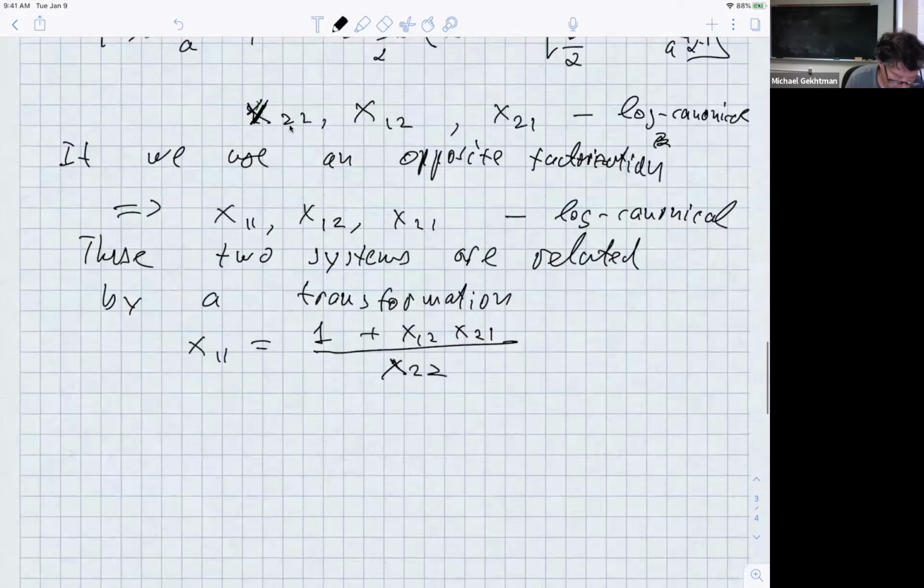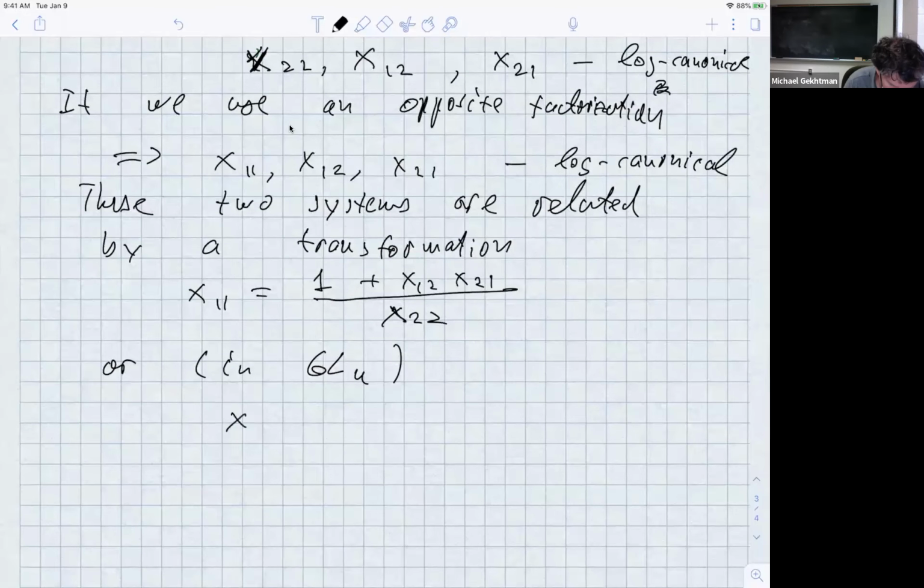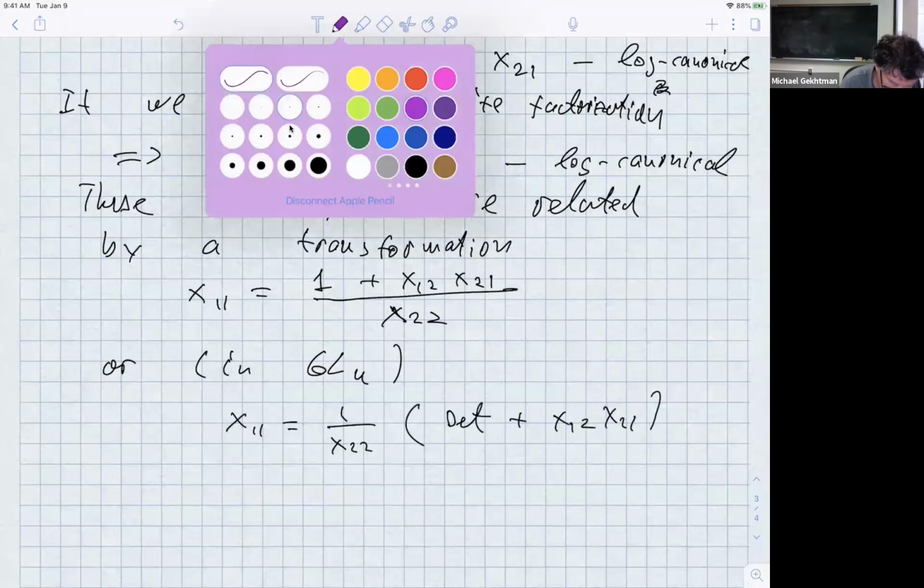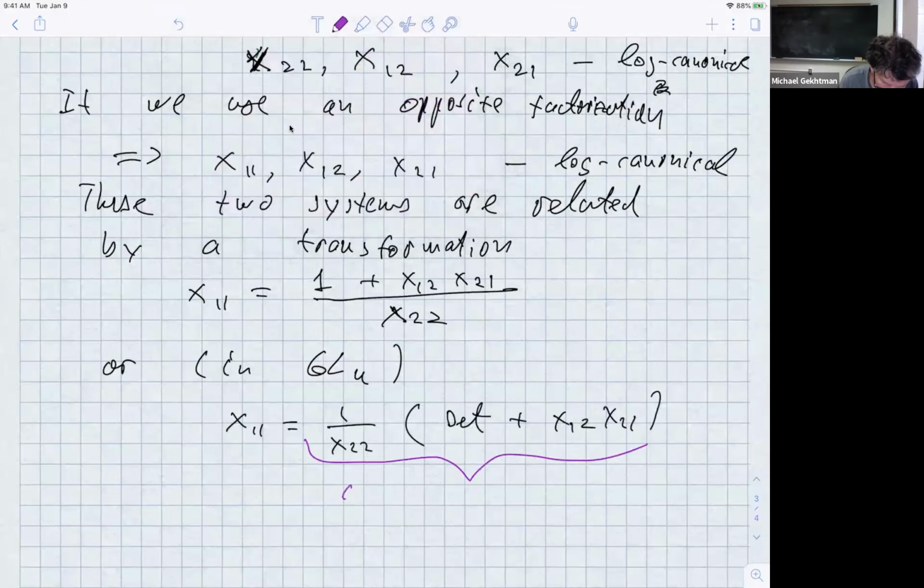Or more generally, if we're in GLN, then this transformation looks like x11 is equal to 1 over x22, and here I'll have a determinant plus x12 x21. Right, so we started with some Poisson bracket, which is not log canonical. We found two coordinate systems which are log canonical, and they're related by this transformation, and that is a typical example of a cluster transformation.